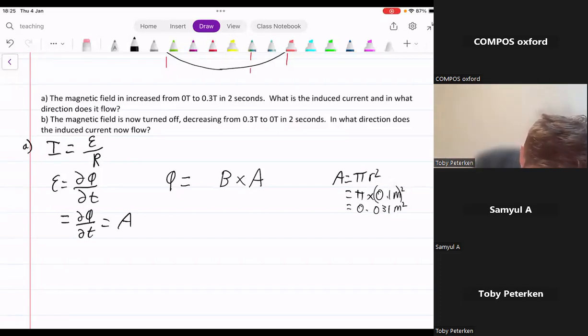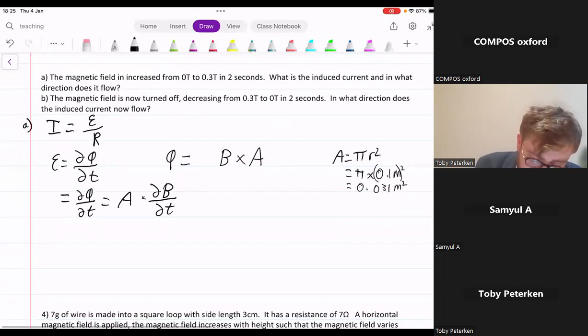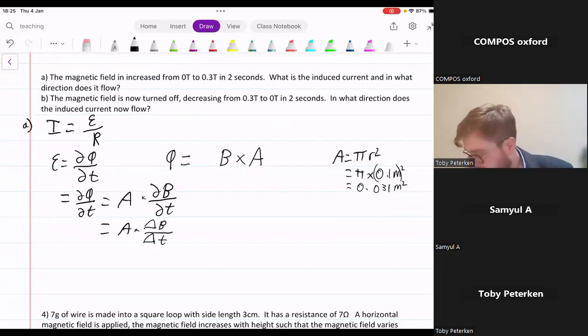So it's area times the rate of change of the magnetic field. And if it's going at a constant rate, the rate of change is equal to the change in the magnetic field divided by the change in time.